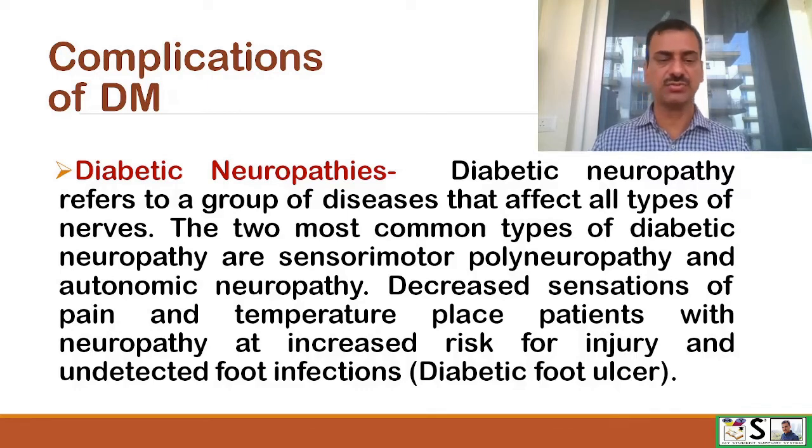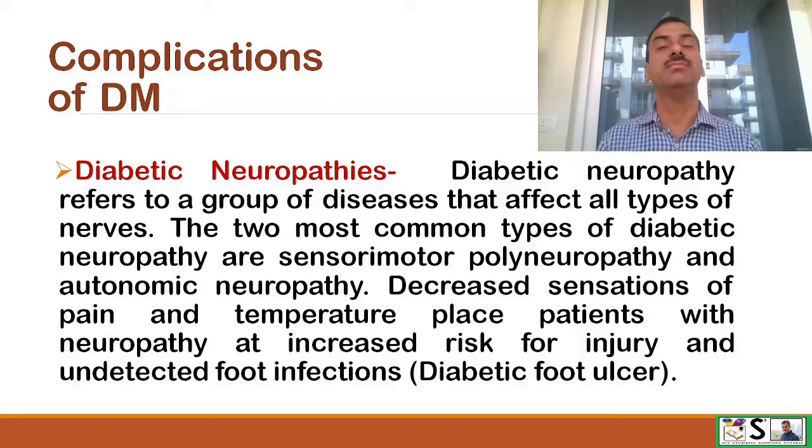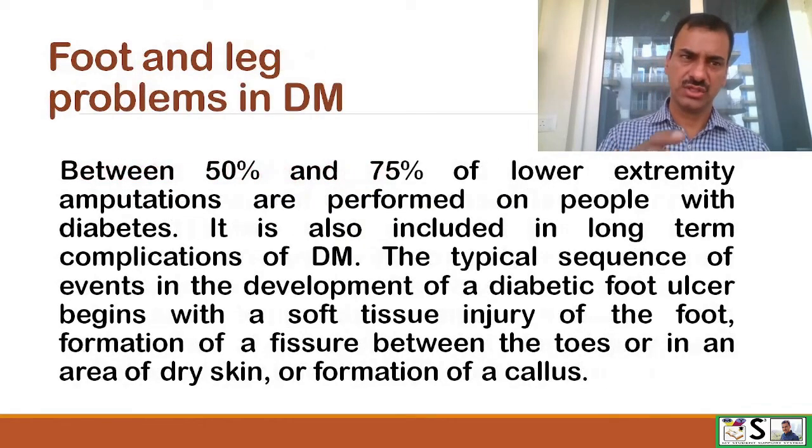Decreased sensations of pain and temperature place the patient at risk for injury and undetected foot infections, also known as diabetic foot ulcer, because the client is not able to sense the pain of foot infection or small cuts and wounds, and that becomes a large ulcer.